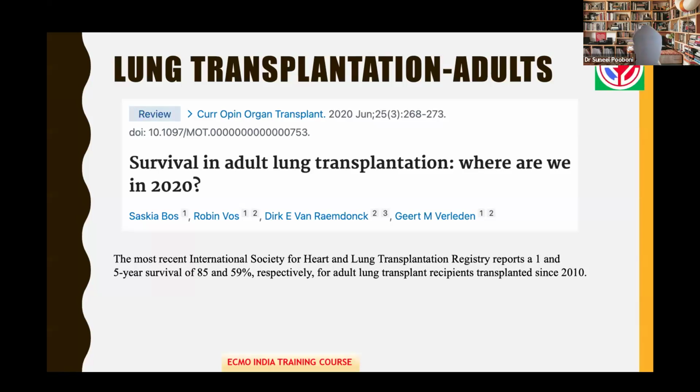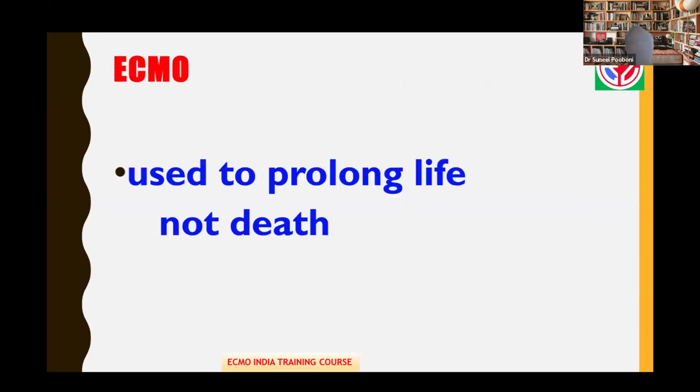In adults also, similar sort of results. The transplantation registry data supported a 1 year survival rate of 85% and a 5-year survival rate of 59%.